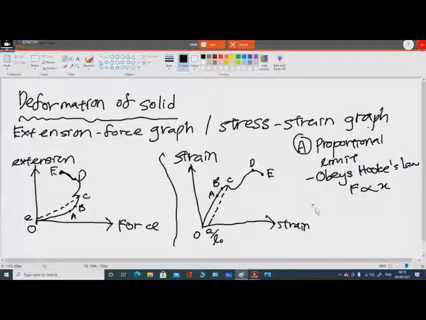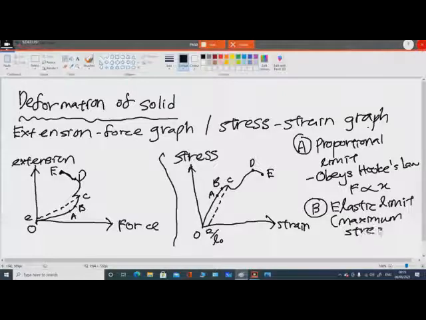Okay, let's proceed to point B. So what is actually point B? Point B is what we mentioned just now, which is the elastic limit. The elastic limit is where the maximum stress, oops, this one should be stress. So this one is the maximum stress.